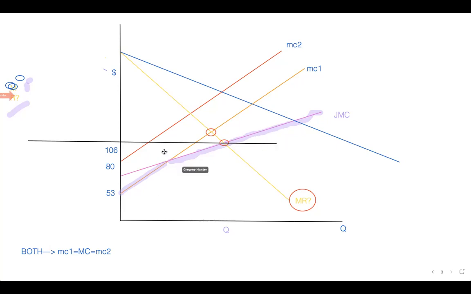But then when I look at the production for each of them, what this line gives me is the joint marginal cost. It's a dollar amount.